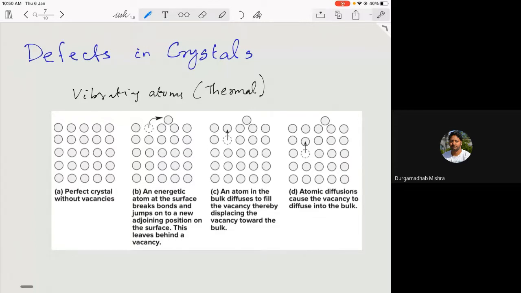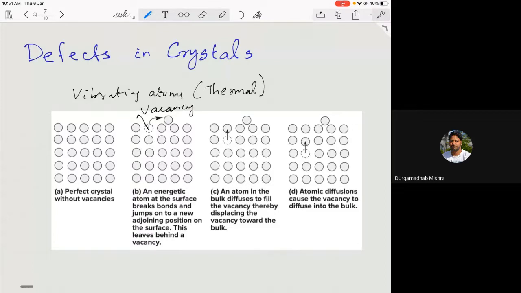So for example here, this atom has jumped and is sitting on the surface on two of the other atoms, and that is how you can create a defect known as a vacancy.